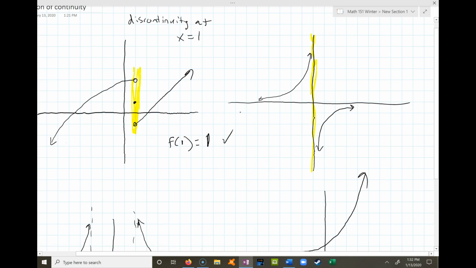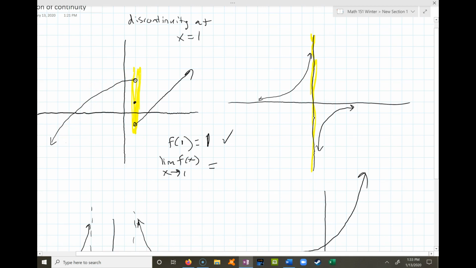The second part of the definition is that the limit of f of x as x approaches 1 also has to exist. And that's where this one falls apart. Notice that if we talk about right and left-hand limits, as x approaches 1 from the left side, I'm approaching 3.